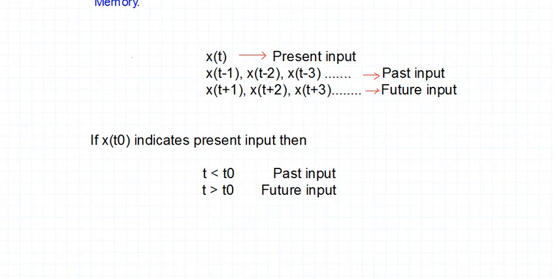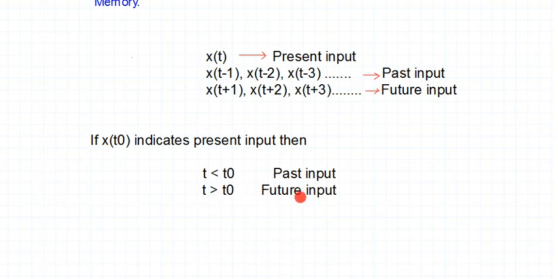Take some time instant t naught. So x of t naught indicates the present input. Then all the values of t less than t naught become the past input, and all the values of t greater than t naught become the future input. Right?